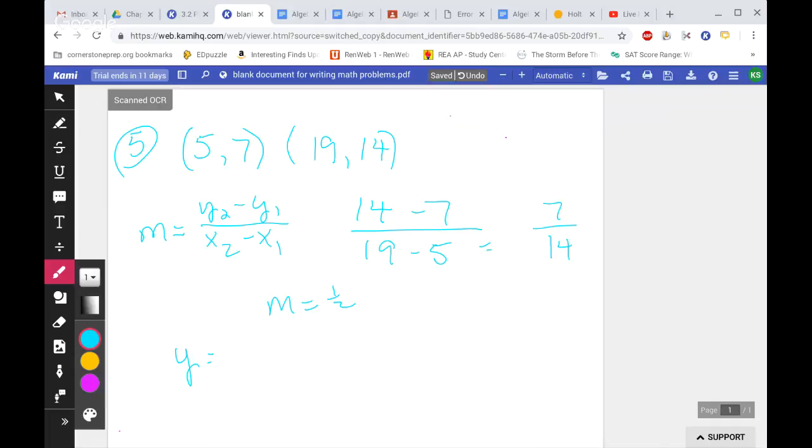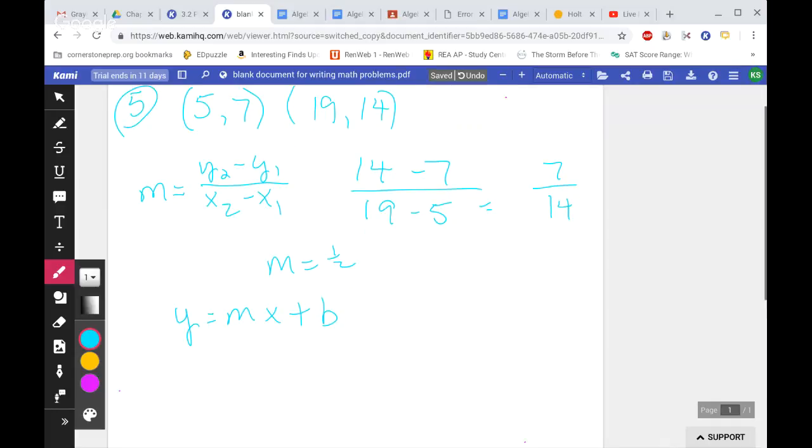Now I'm going to take my slope-intercept form and plug in my slope and one of the points. On this one, this is going to be the favored point because I want to keep my numbers small.